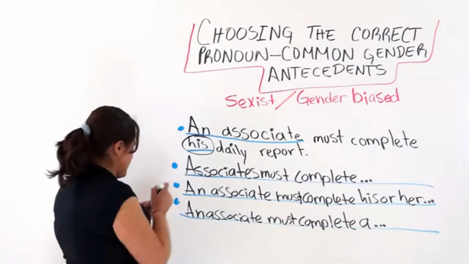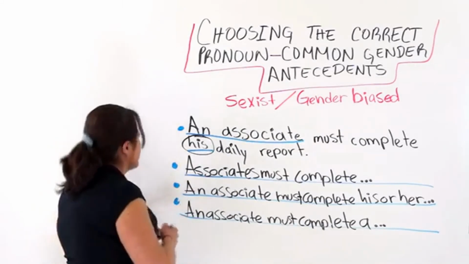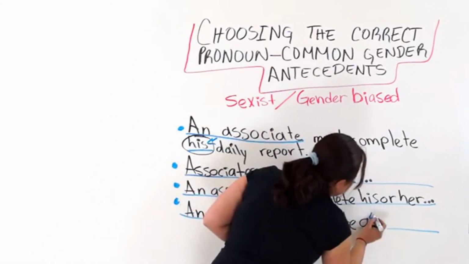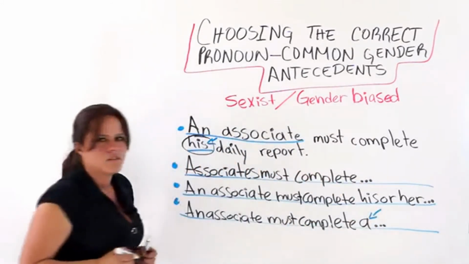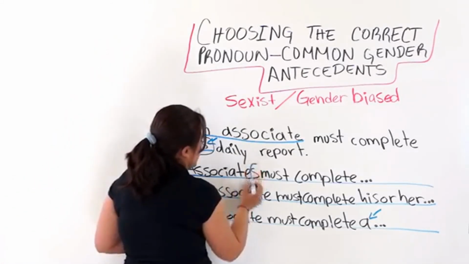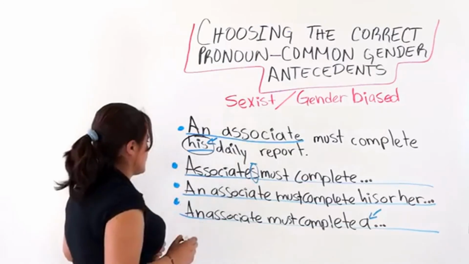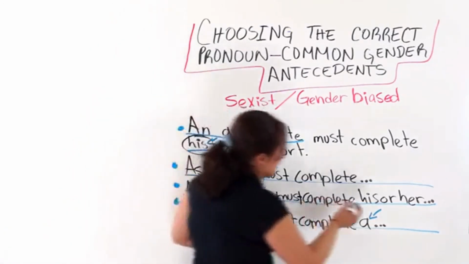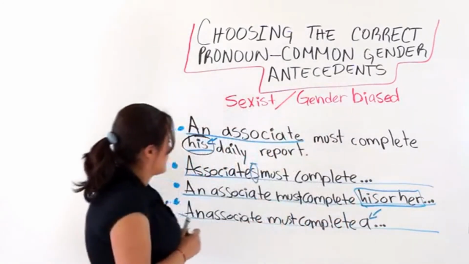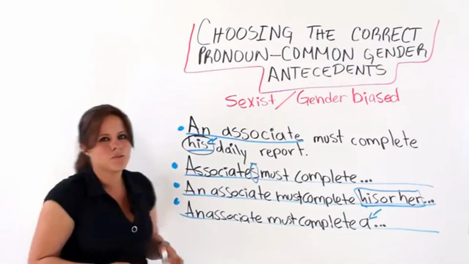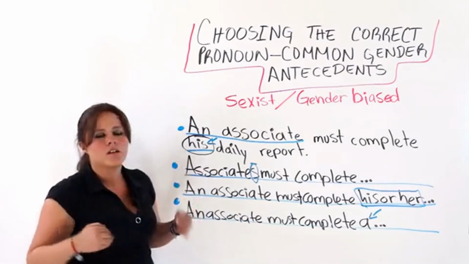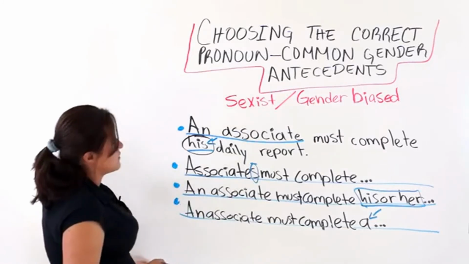Instead of using his, we could use a. All right? Or we could pluralize the noun, associates. Or we could use both gender pronouns. So these are three ways that you can avoid the use of a statement that may be considered sexist or gender-based.